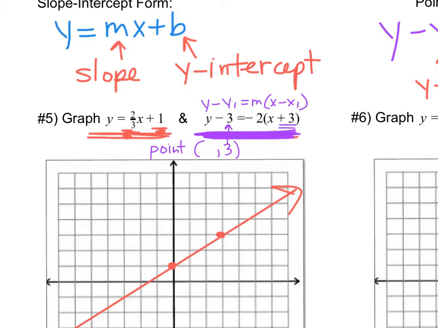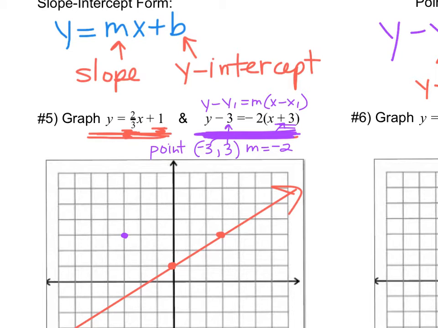What is your x coordinate going to be? -3. So it's always the opposite of what it looks like because of that 3. Okay? So -3, 3. And then your slope is -2. So what you do is you plot -3, 3 right here.